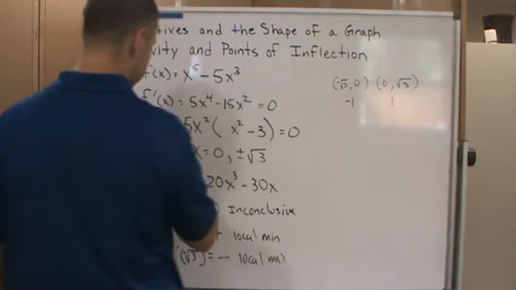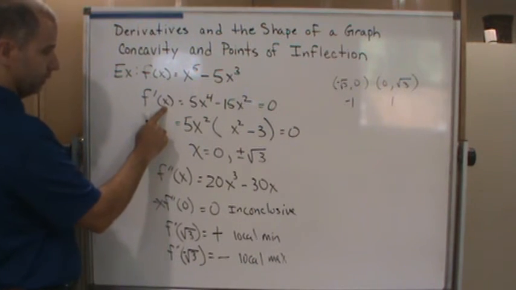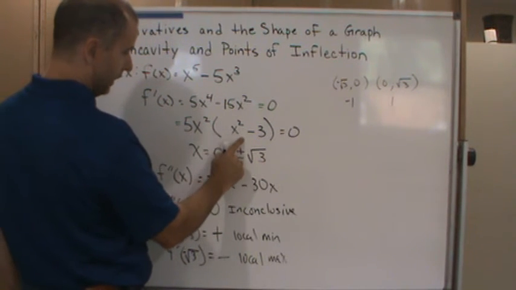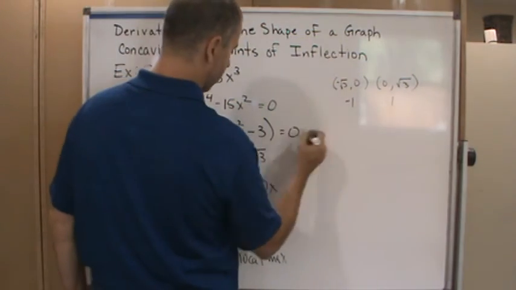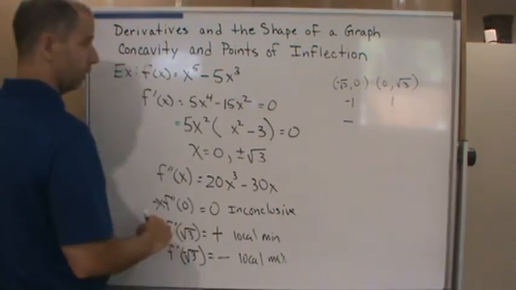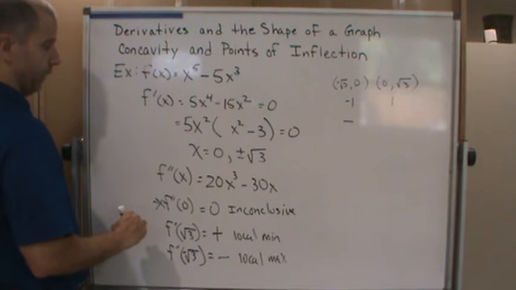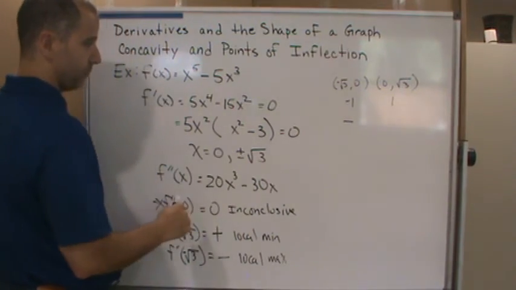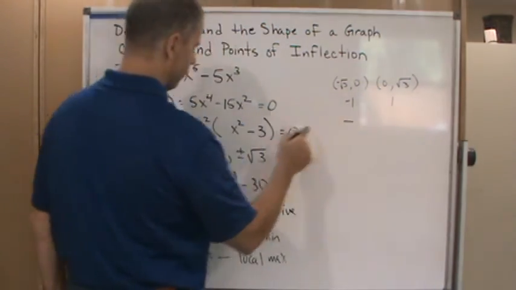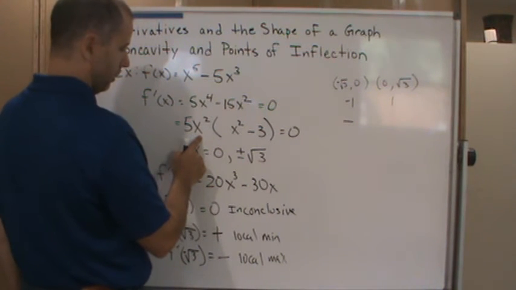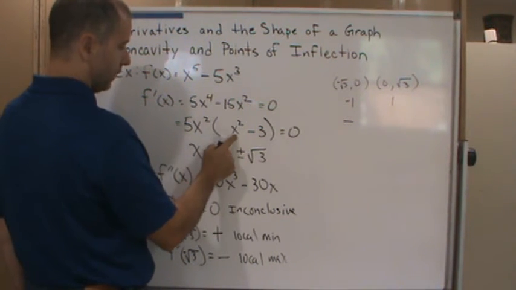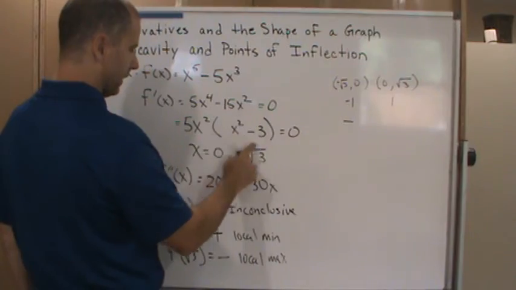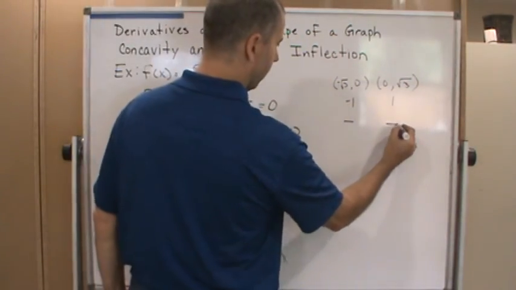So if we plug in negative 1 here, what do we get? We get positive and we get negative, which gives us a negative. Because this is going to be positive and this is going to end up being negative, so negative times a positive is negative. And then if we put in a positive 1, this is going to be positive and this is going to be negative, so we still get a negative.